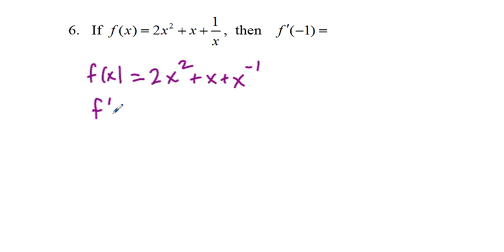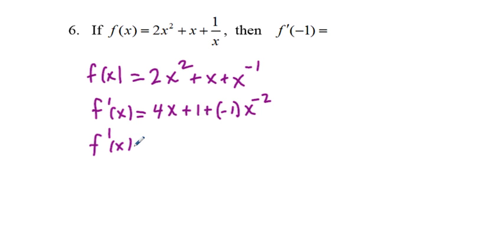And then f prime of x is equal to 4x, and the derivative of x is 1, plus we have this negative 1 x to the, and negative 1 minus 1 is negative 2. So f prime of x is going to be 4x plus 1 minus 1 over x squared.